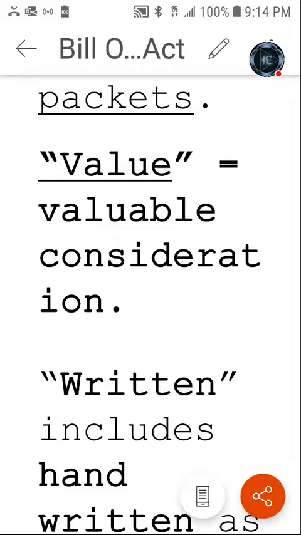That's where you get your collector's notes from, and they are not common, okay? And they have increased consideration of value beyond the face value of the note.